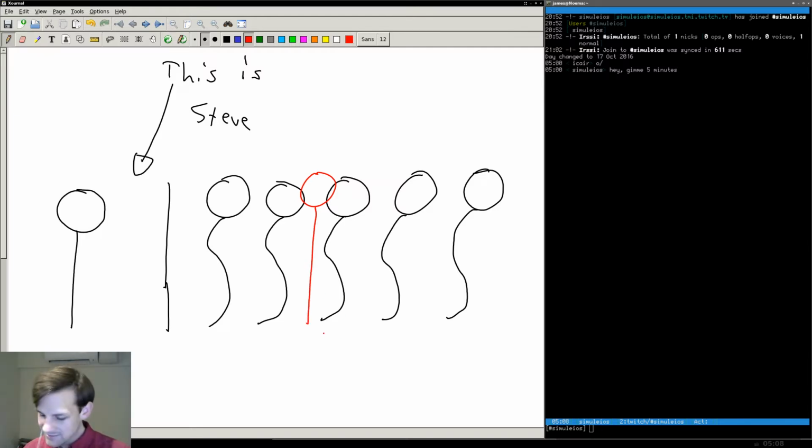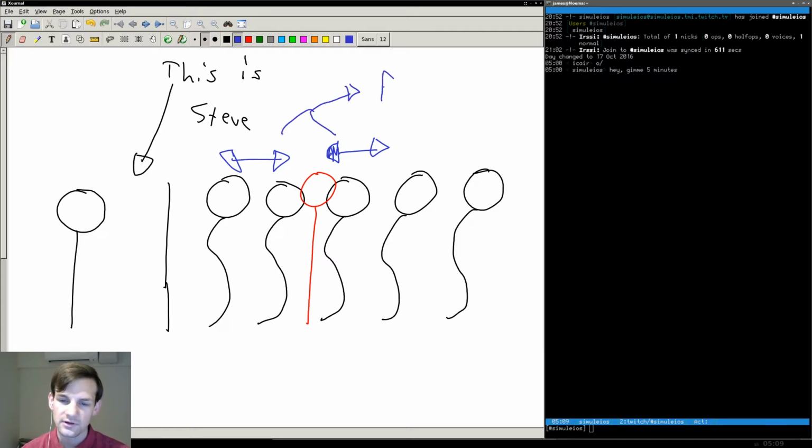However, he initially dances at the wrong frequency, and everyone is kind of repelled away from him because he's a horrible dancer. So these guys go this way, these guys go this way. But as he starts to dance to the right frequency, he becomes socially accepted, and everyone is then attracted to him. So they go this way and this way. The force of attraction, or the force of repulsion, is going to be equal to some sort of function.